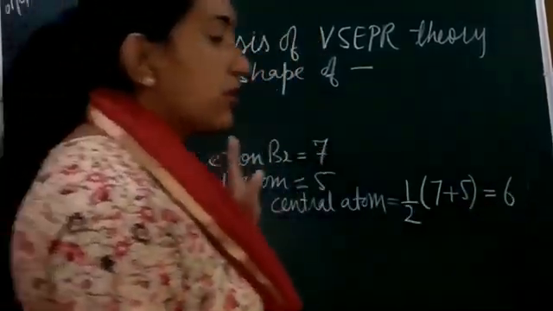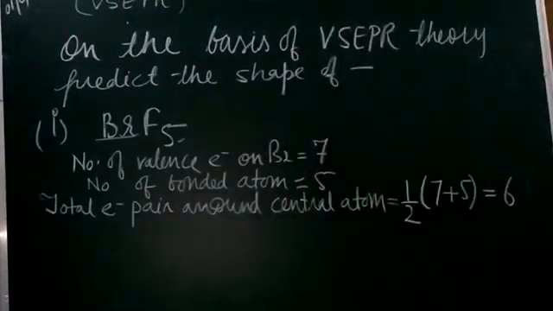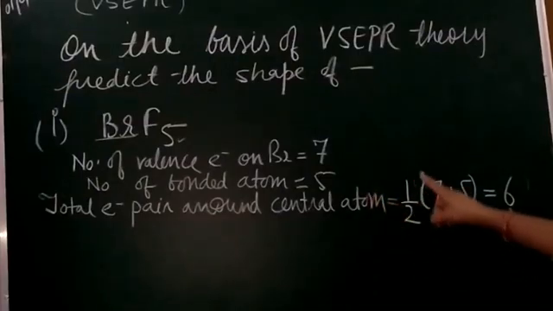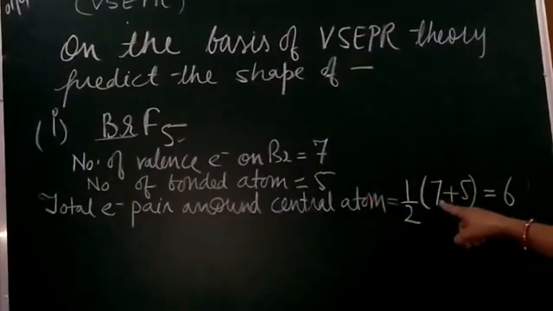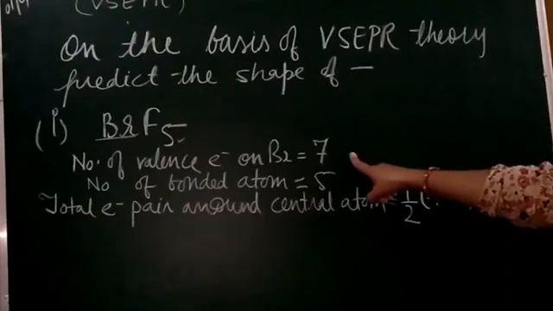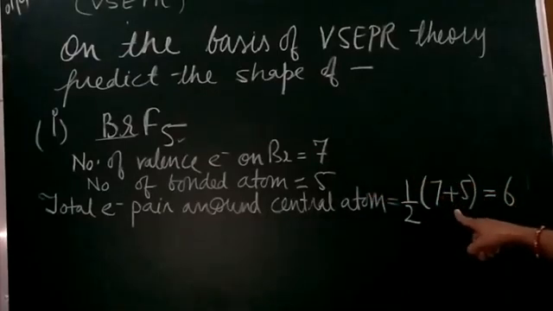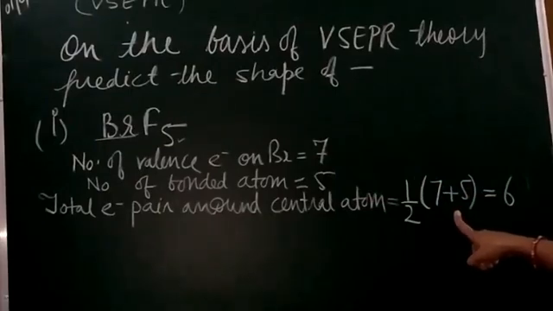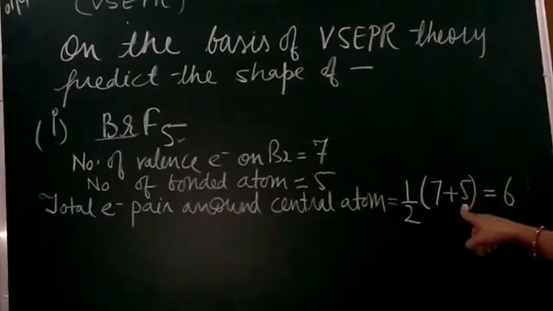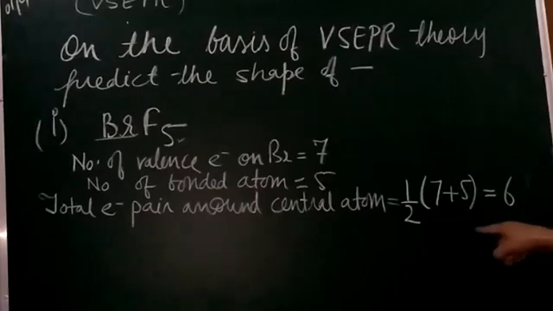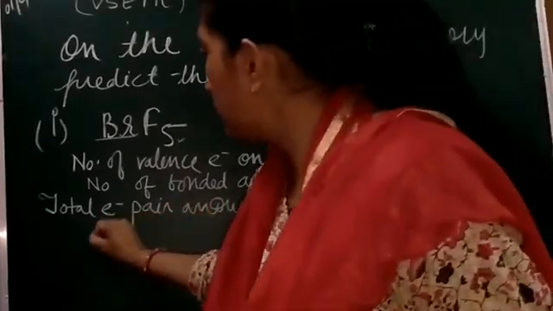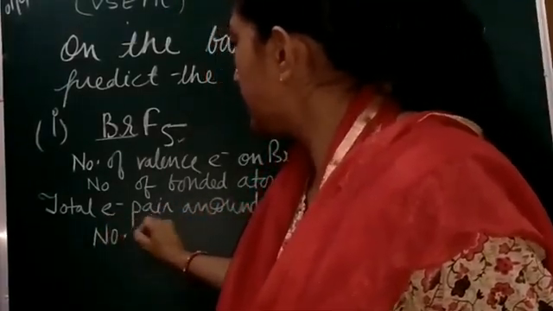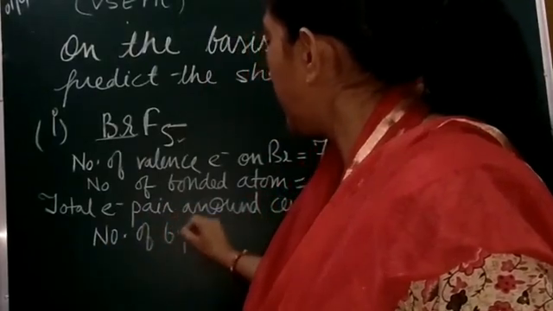So the total electron pairs which we have is 6, right? I think this is clear. It is half within brackets: 7 is the number of valence electrons on the central atom plus the number of bonded atoms around the central atom, or the number of bond pairs, which is 5. So it is coming 6.